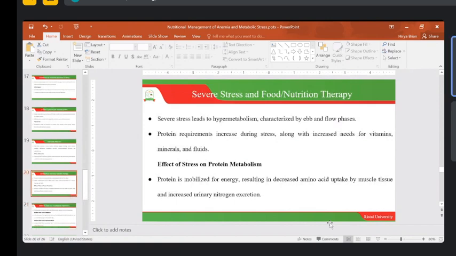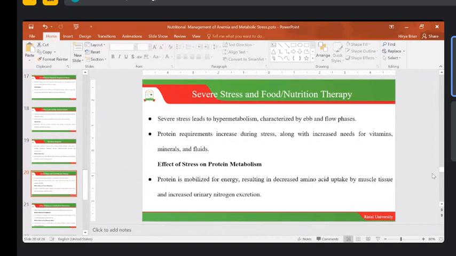So for severe stress, we are looking at food and nutrition therapy, and we are saying here this will lead to hypermetabolism, characterized by the ebb and flow phases. So protein requirements increase during stress, along with increased needs for the vitamins, the minerals, and also other fluids.